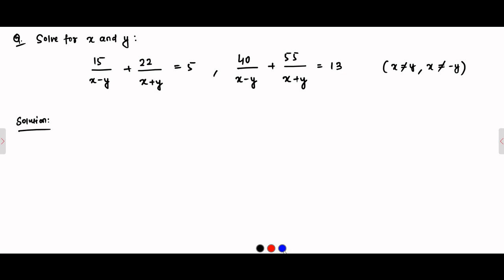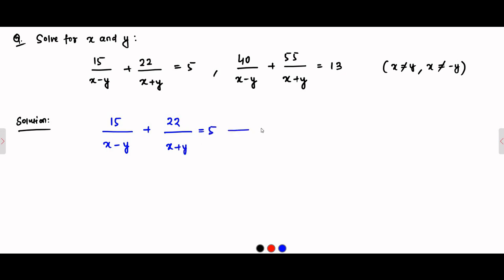The first step is to write the equations as they are. 15 by x minus y plus 22 by x plus y is equal to 5.